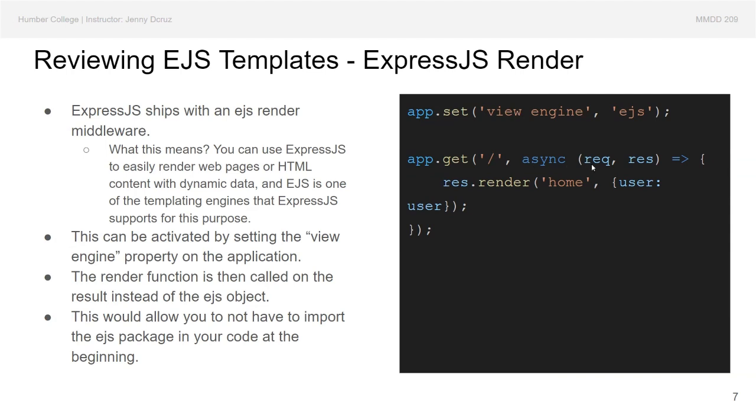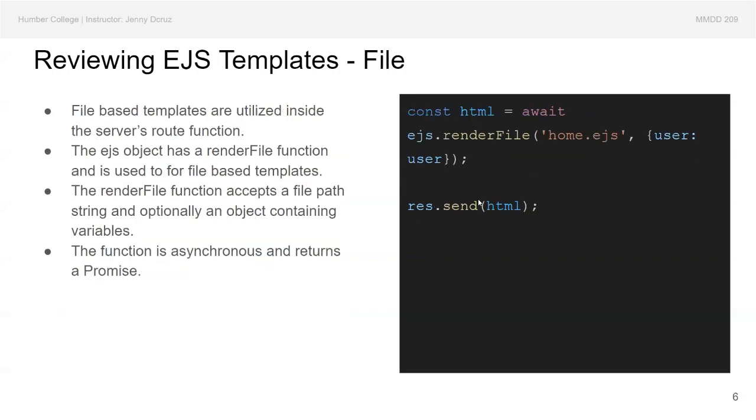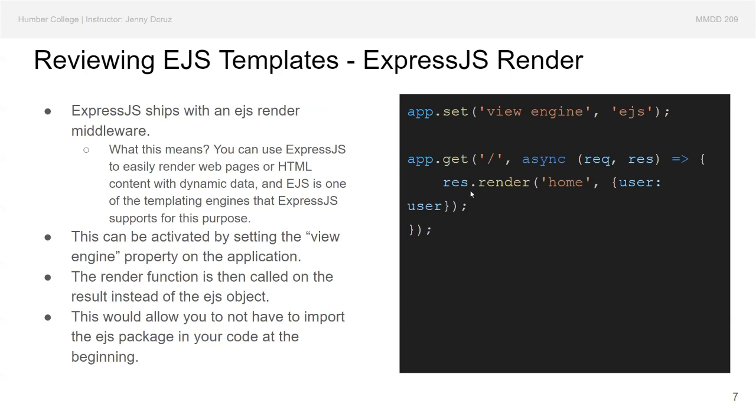It's an asynchronous function that has request and response. And now because this app variable is handling everything, instead of using the EJS variable on there, you need to use response directly. So instead of using EJS.renderFile, you'd be using response.render, all right? Because in this route, app already has access to the EJS middleware.